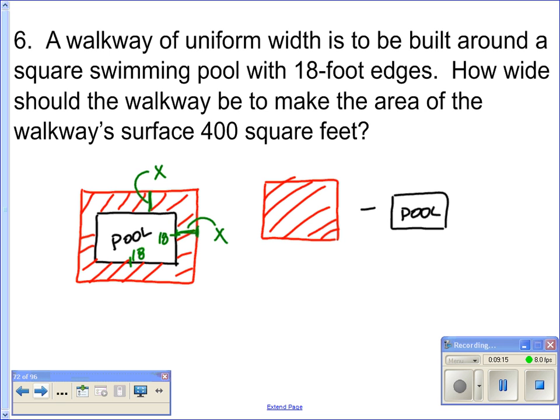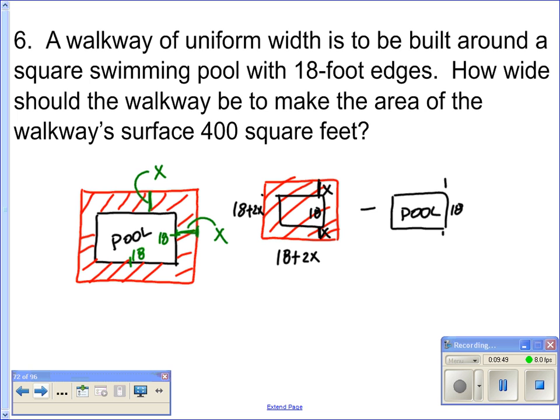If the dimensions of the pool are 18 and the width here is x, and we're adding x on both sides, then the dimensions of the bigger square are going to be 18 plus 2x. And this is going to be 18 plus 2x. The 2x is coming because you're getting x here and x there, adding both of those to the original 18 of the pool.